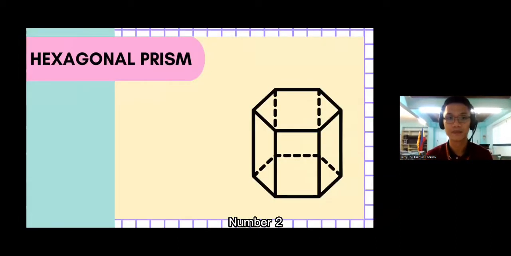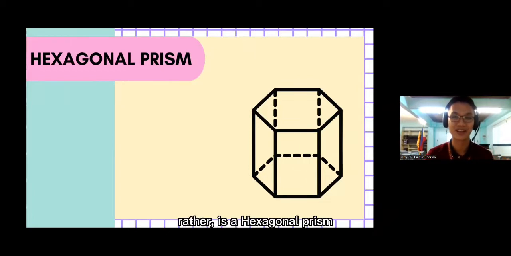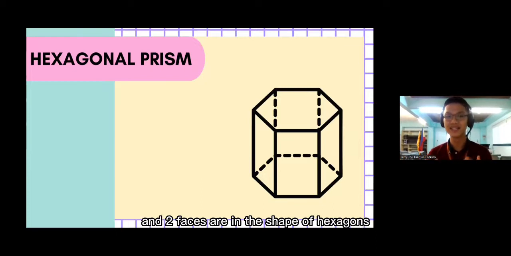So number 2, the second example is a hexagonal prism. A hexagonal prism is a 3D shaped figure with the top and bottom shaped like a hexagon. It is a polyhedron with 8 faces, 18 edges, and 12 vertices, where out of the 8 faces, 6 faces are in the shape of rectangles and 2 faces are in the shape of hexagons.